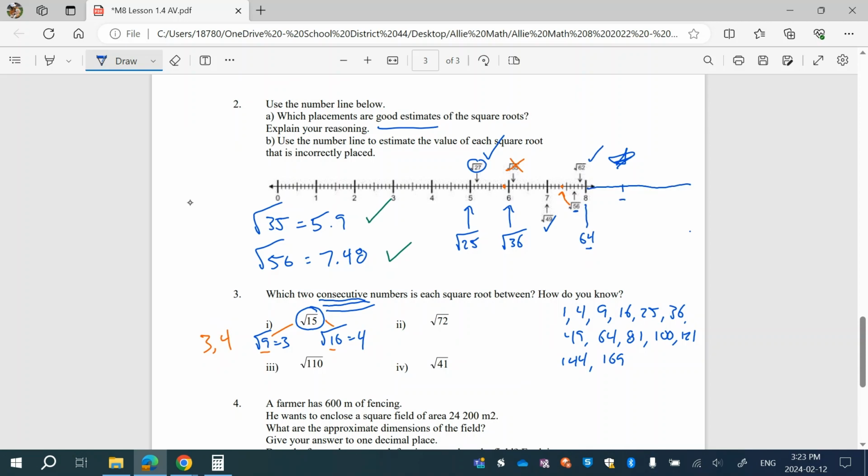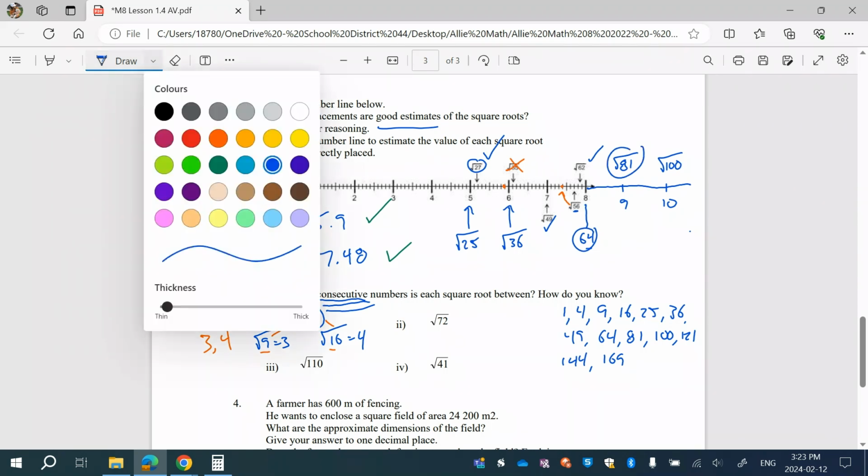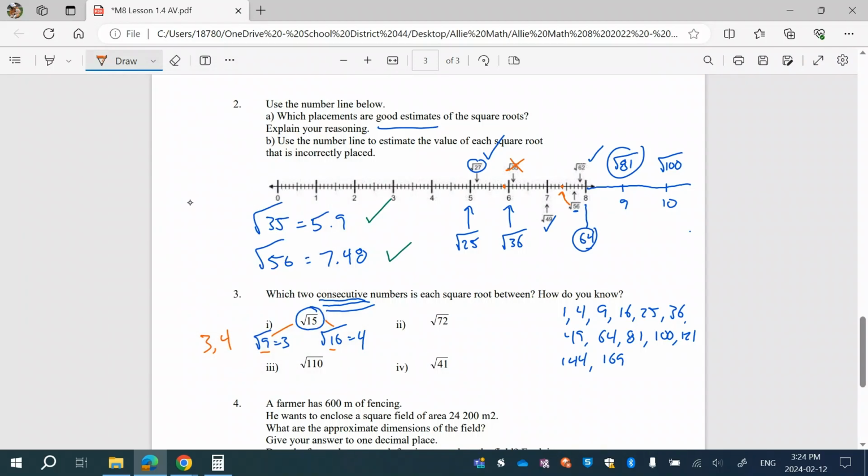If we had 9 right there, we had 10 right there. 9 would be the square root of 81. 10 would be the square root of 100. So 72 would be between the square root of 64 and the square root of 81. So it's going to be between 8 and 9.